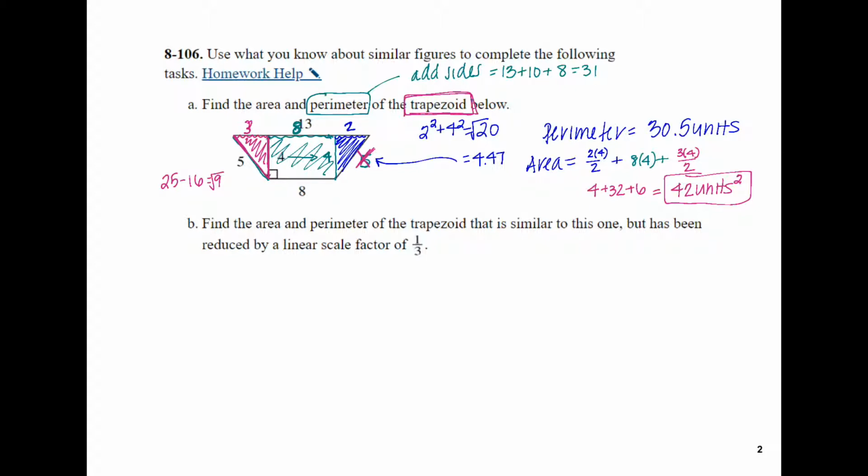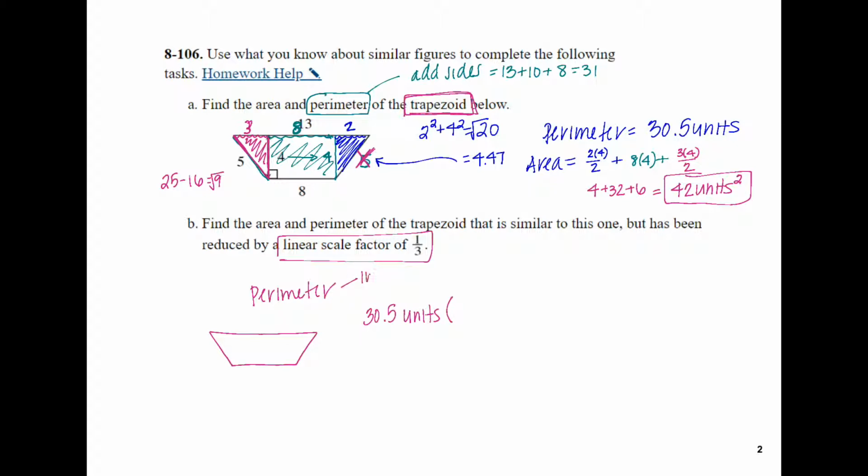Question B says, find the area and the perimeter of the trapezoid that is similar to this one, but has been reduced by a linear scale factor of 1/3. So when we think of perimeter, and we want a trapezoid that is reduced by a scale factor of 1/3, we are going to take the perimeter of our larger trapezoid, so 30.5 units, and simply multiply that.